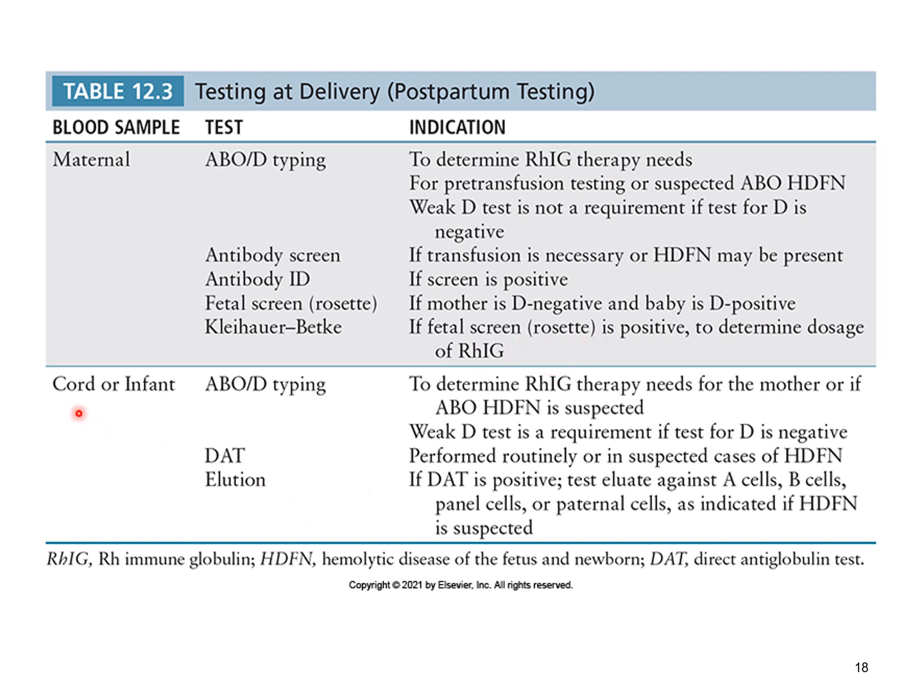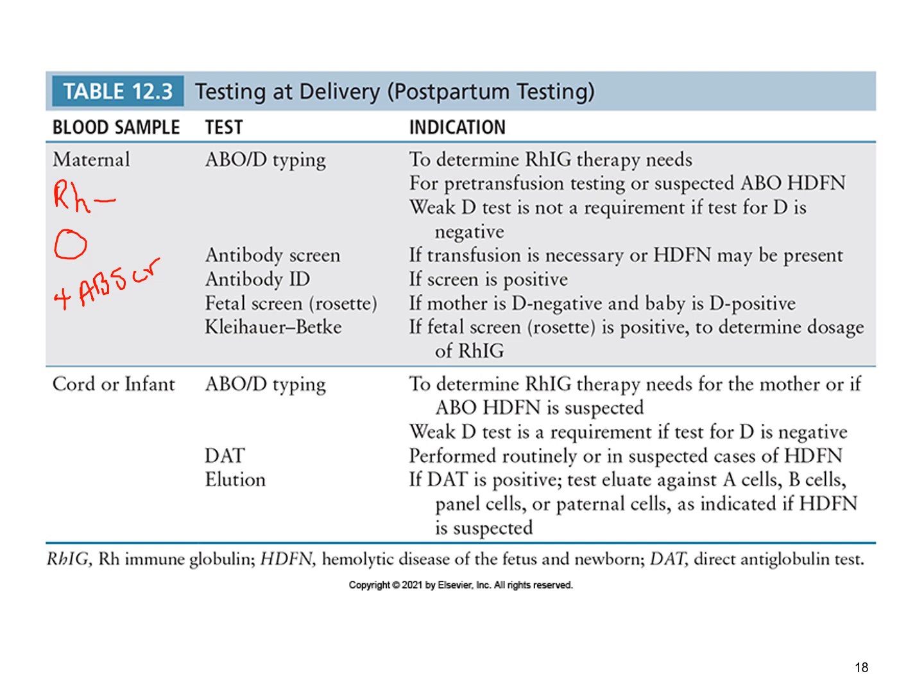Now, once the infant is born, if mom has met any of the criteria, and I'm going to write those in here for you: if mom is Rh negative, if she is type O, or if she has a positive antibody screen, then that's going to warrant us to test that infant once they are born.